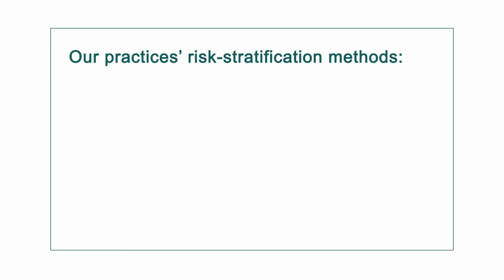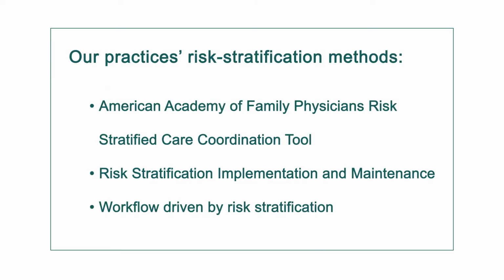Again, we use the AAFP risk stratification tool to drive our workflow with the care coordination team. That tool is a 1 through 6 system, with 1 being very low risk and 6 being end-of-life, hospice-appropriate situations.